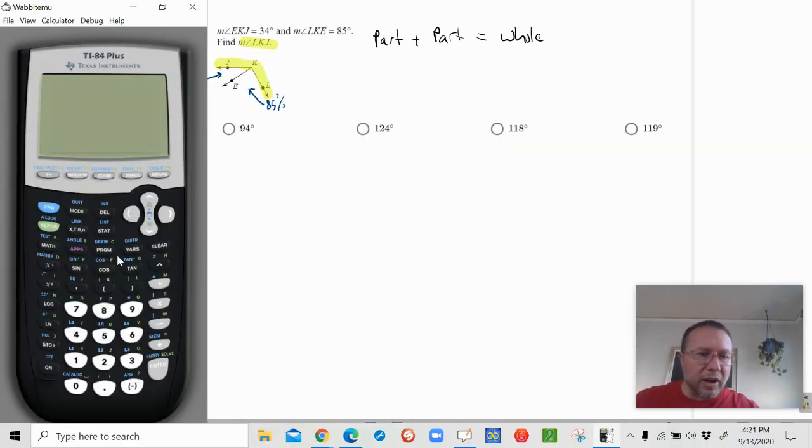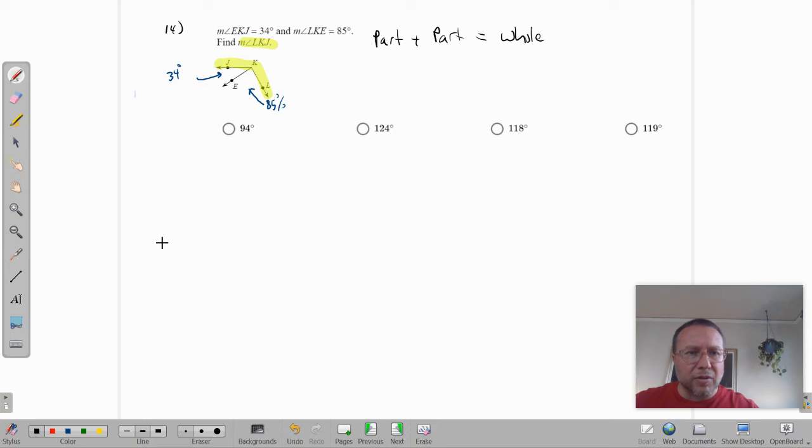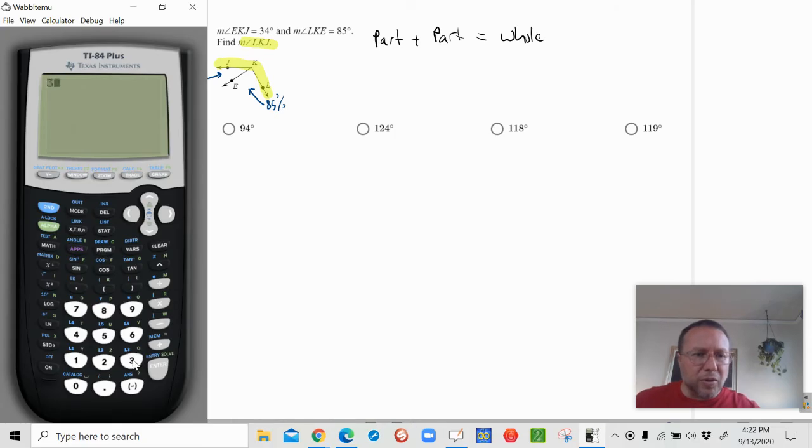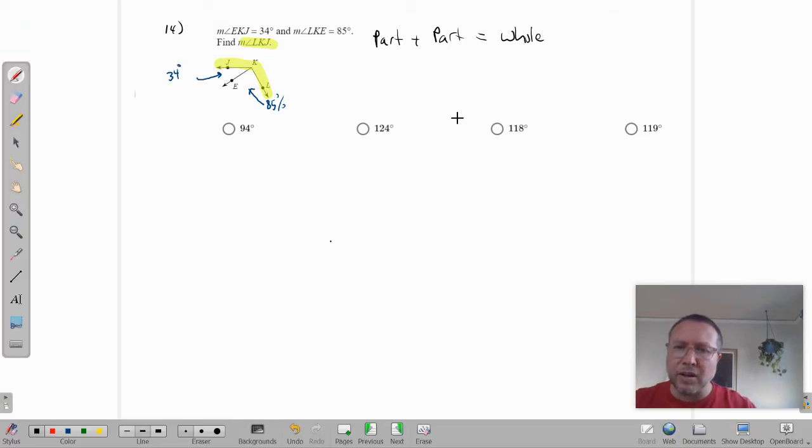Let me use my calculator, just make sure I don't make a silly little mistake. We said 34 plus 85, and that equals 119. And there's 119 right there, right?